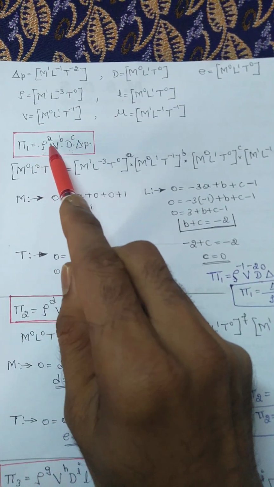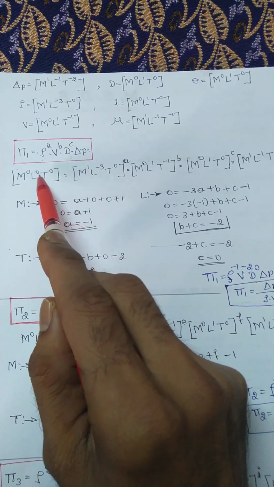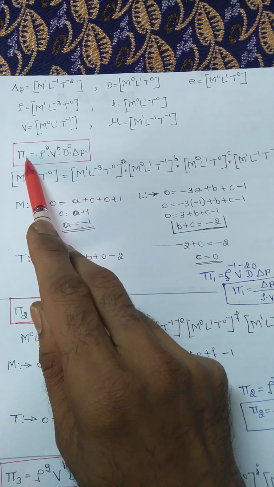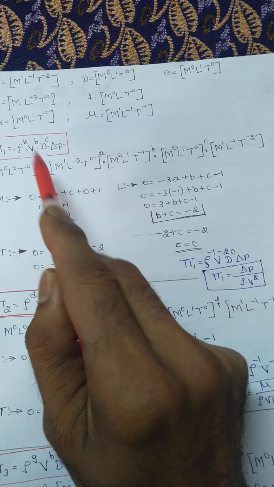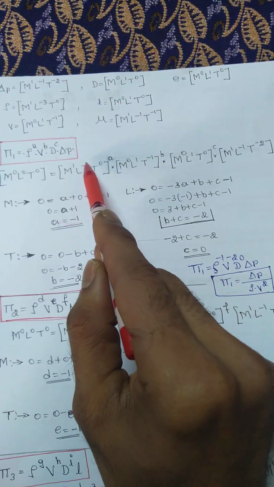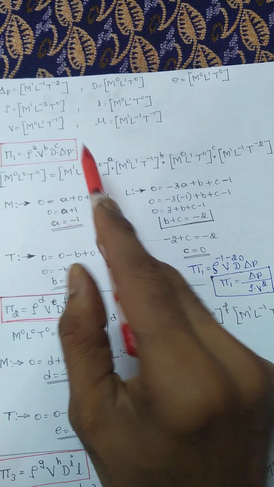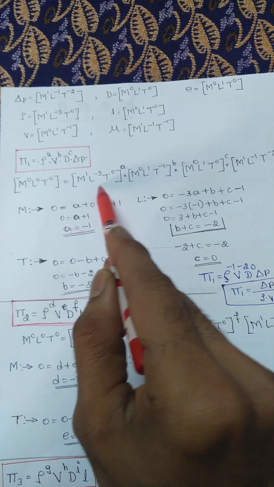Pi 1 is dimensionless, so in terms of mass, length and time it is M0 L0 T0. For density, it is mass power 1, L to the minus 3, T to the 0. This is derived from its dimension.